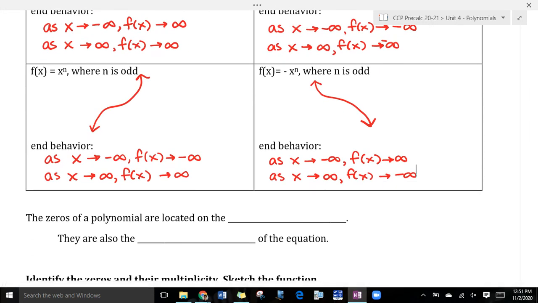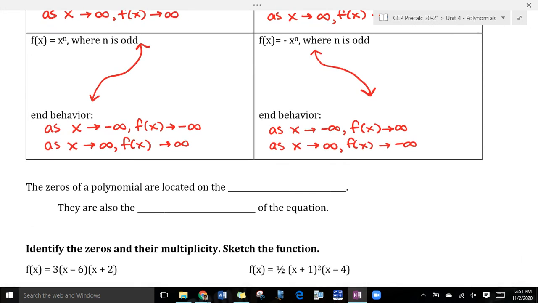Now, specifically, we can find values for our function once we have identified that shape to help us graph. And those are going to be the zeros of our polynomial. The zeros of our polynomial are just the values that are located on the x-axis. So these are our x-intercepts. Okay, so we can say, hey, the shape is this, this is where it's going to cross the x-axis, and we can draw a nice little sketch.